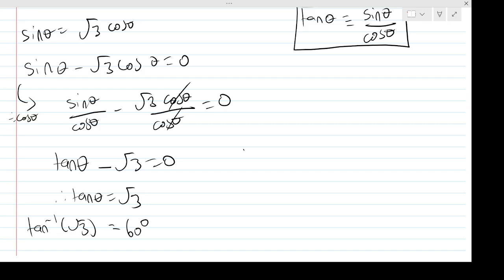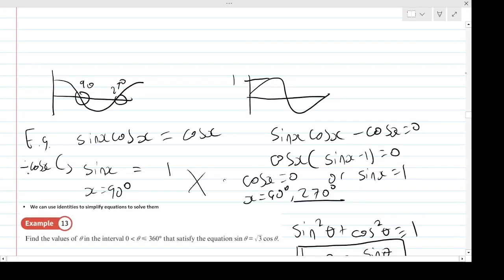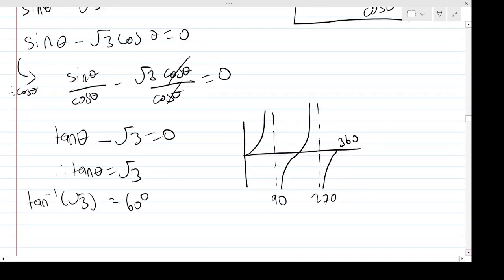So if I look at the tan graph to find the other solutions, the tan graph looks like this at 90, 270, and then 360 there. So again, between 0 and 360, our interval. Do check the interval, by the way. Sometimes it won't be 0 and 360. But anyway, 60 would be about here, say, right?